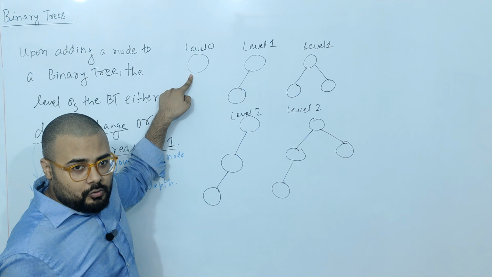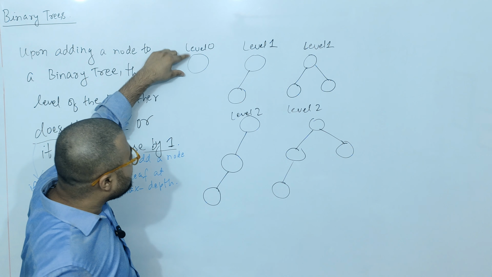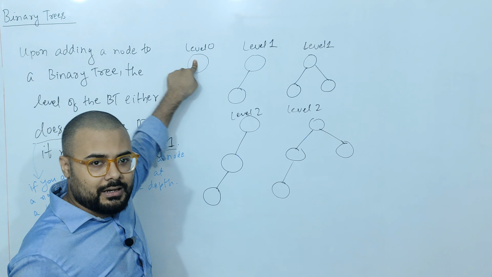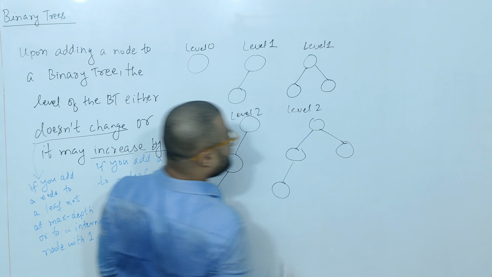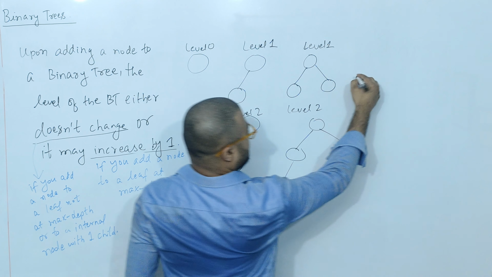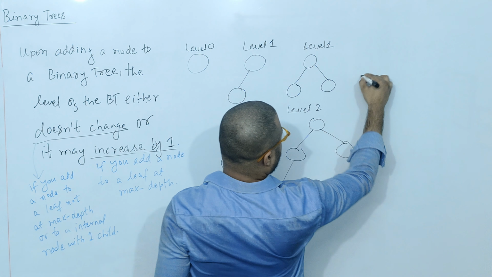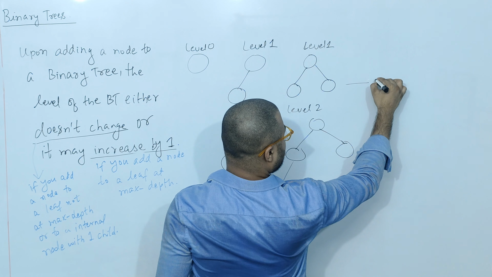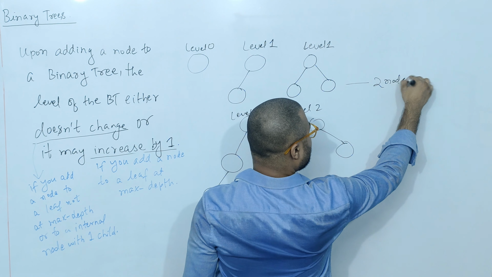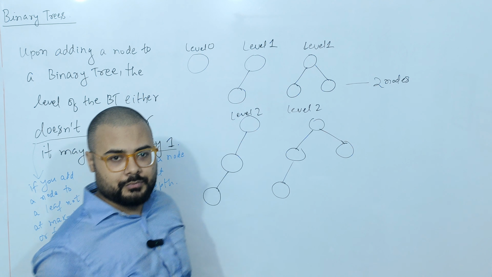So at level 0, when you add nodes, how many nodes can you add? You can add 2 nodes. The maximum number of nodes at level 1 can be what? 2. So at level 1, you can have 2 nodes maximum.